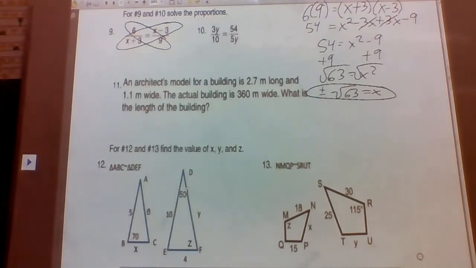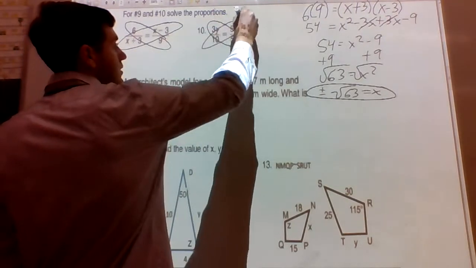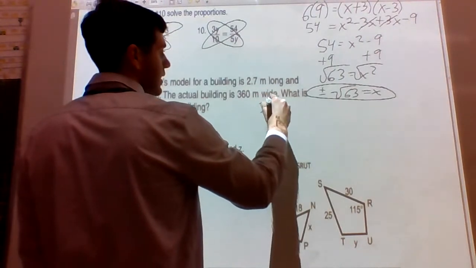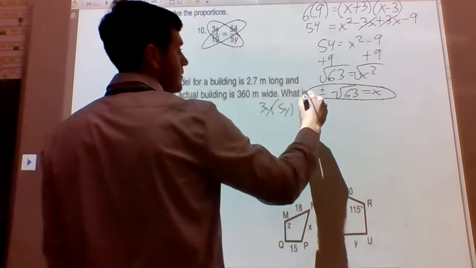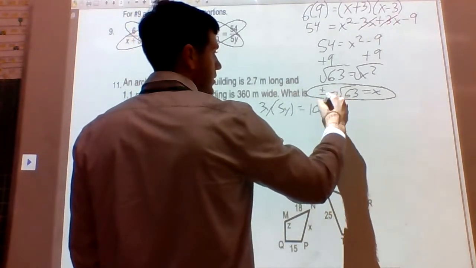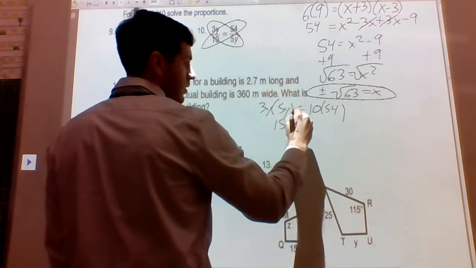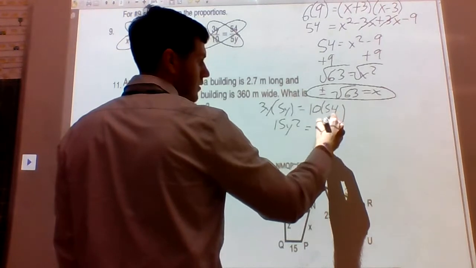Next one, so again, cross multiply. So we're going to get 3y times 5y. Okay, and then we're going to get 10 and 54. This is going to give us 15 y squared is 540.